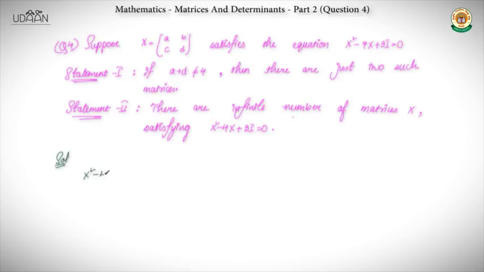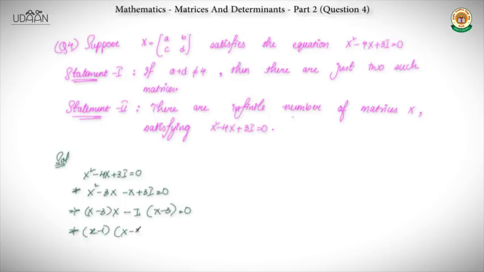So x square minus 4x plus 3i equal to 0 becomes x square minus 3x minus x plus 3i equal to 0.